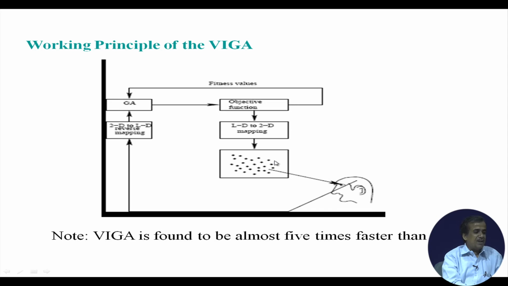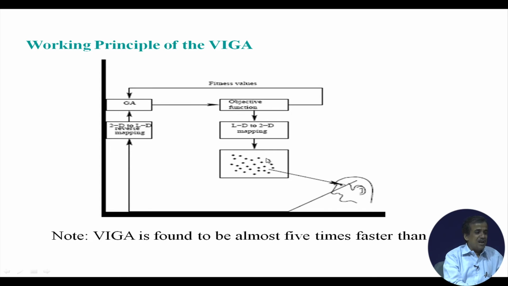If you click at another point, you will get the value there. So, the user is going to see in which direction the value of the objective function, or the fitness, is going to increase, supposing that this is a maximization problem.